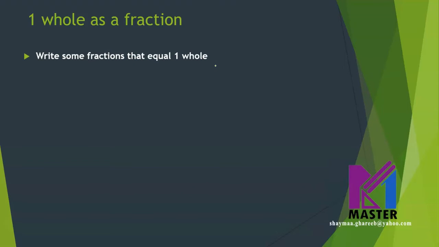Write some fractions that equal 1 whole. Now, I want all of you to stop the video and give yourself some examples. Write, for example, 4 different fractions that equal 1 whole, and then play the video, okay?